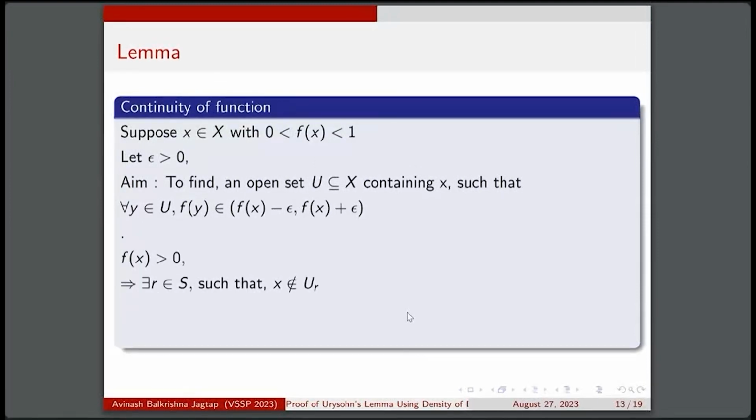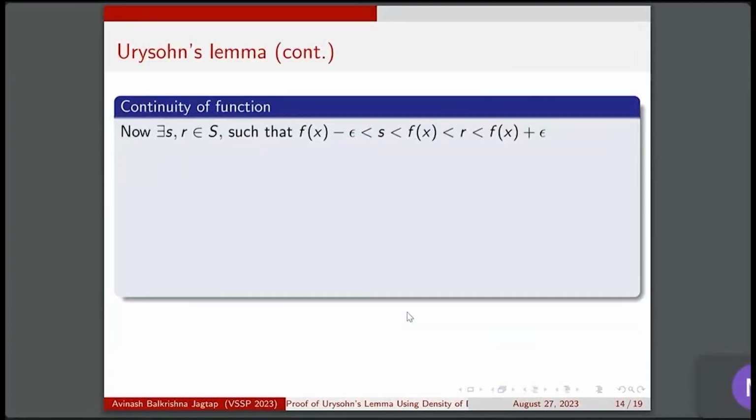Now I know that f(x) is greater than 0. So there is some r in S such that x is not in U_r. So f(x) will be the supremum of D_x, where D_x is the set of t in S such that x is not in U_t. Since S is dense in the open interval (0,1), I know that there will exist some s and r such that s is between f(x) minus epsilon and f(x), and r is between f(x) and f(x) plus epsilon.